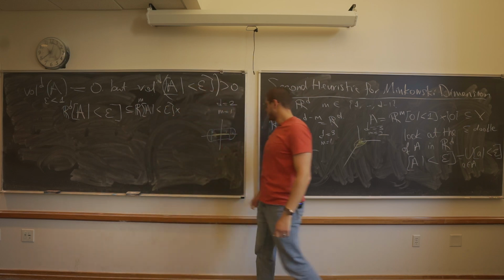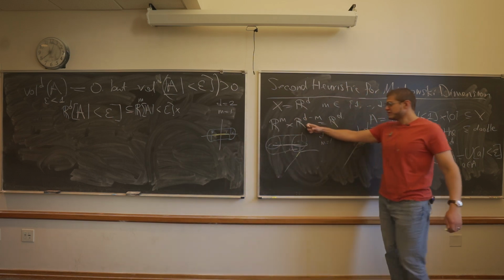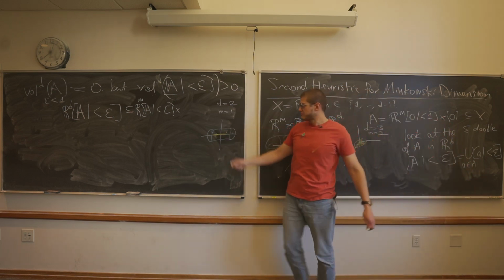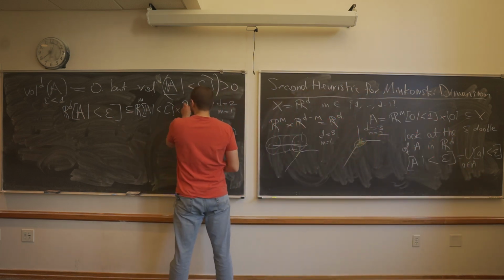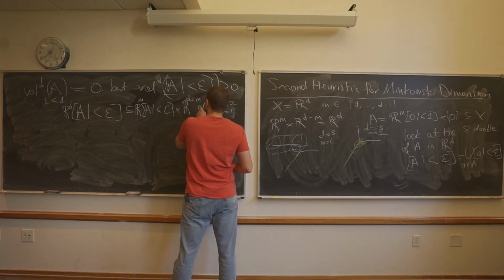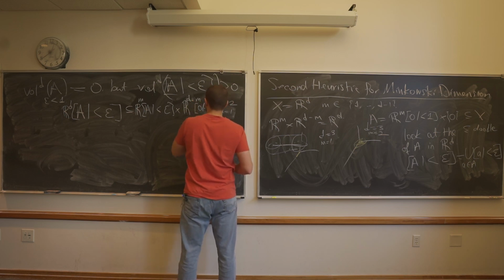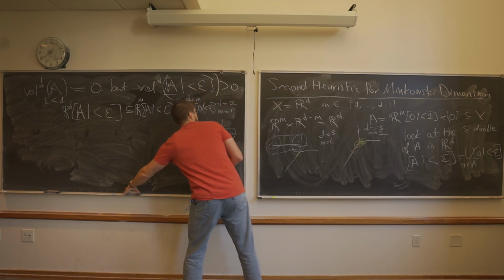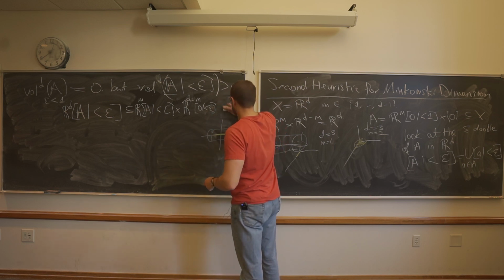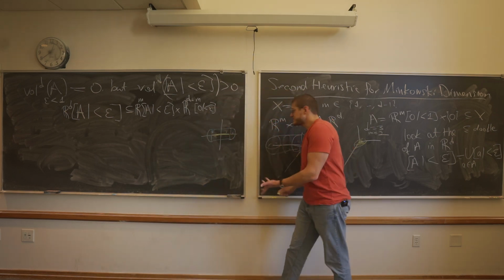times, well, in the remaining coordinates, I don't have any thickness, which means that this should be here, d minus m 0 epsilon. Okay. So basically, this inclusion just says the following.